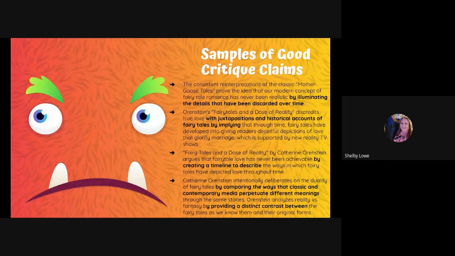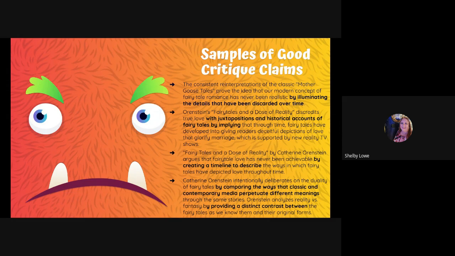So here are some claims. The first one says, these are critique claims. These are students' claims about the article. It is not the author's claim. The first one says, the consistent reinterpretations of the classic Mother Goose tales prove the idea that our modern concept of fairy tale romance has never been realistic by illuminating the details that have been discarded over time.